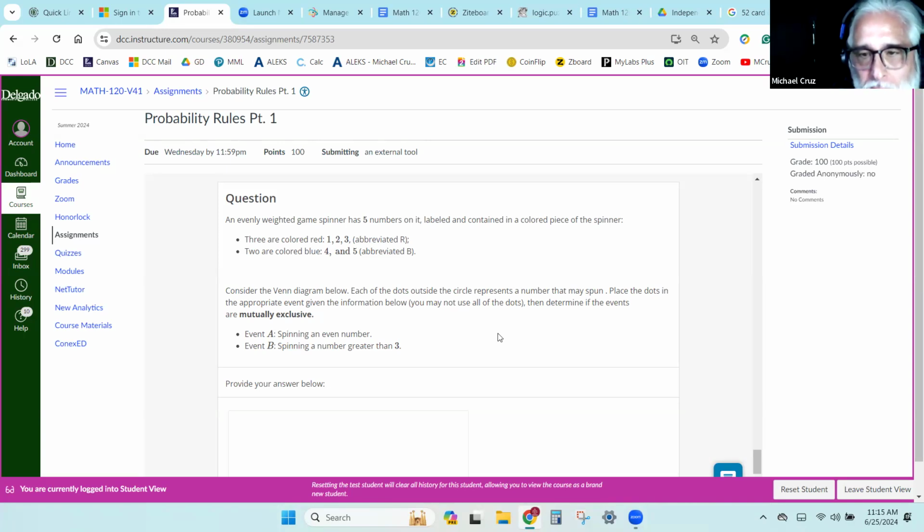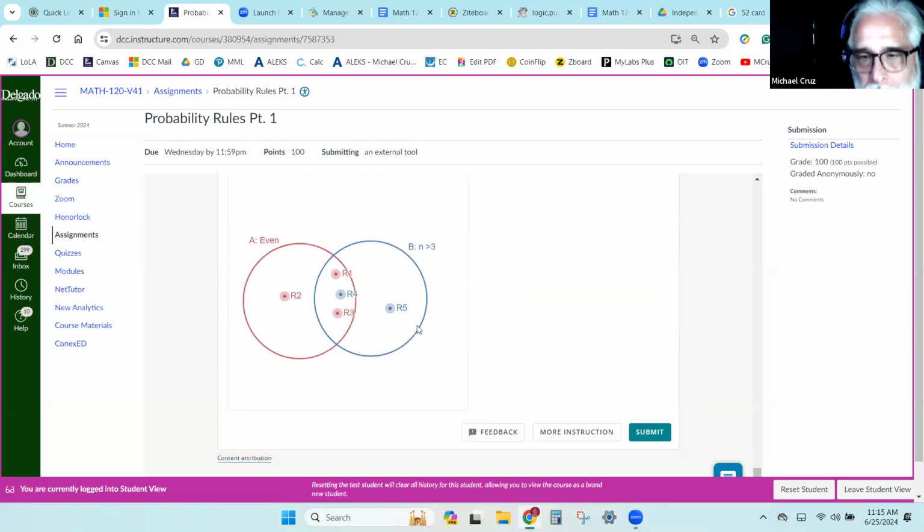All right, so 3 are colored red, and 2 are blue. So this is right: 1 and 3. But see, the 4 has got to go over. I don't know. Let's look at something.